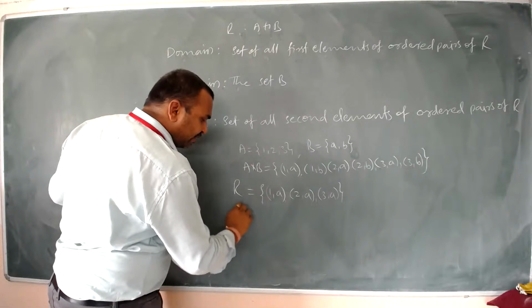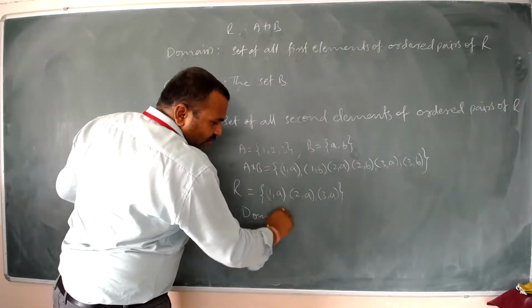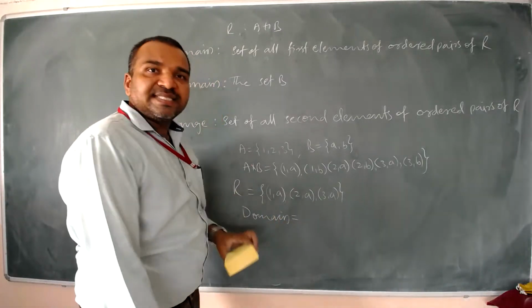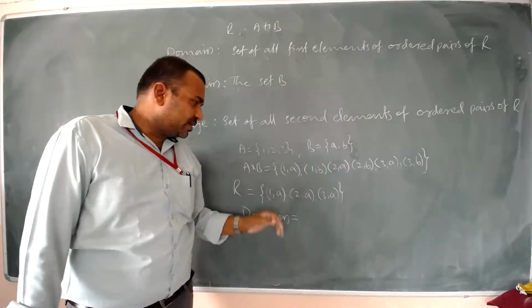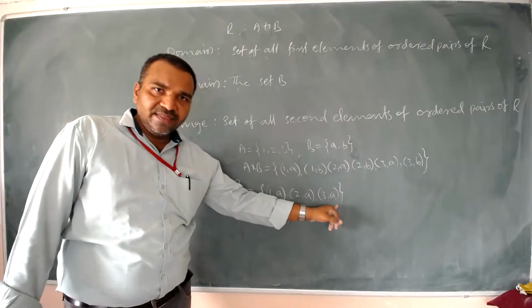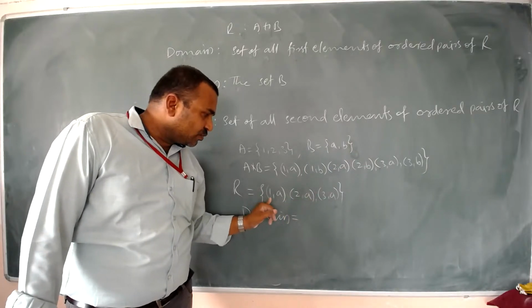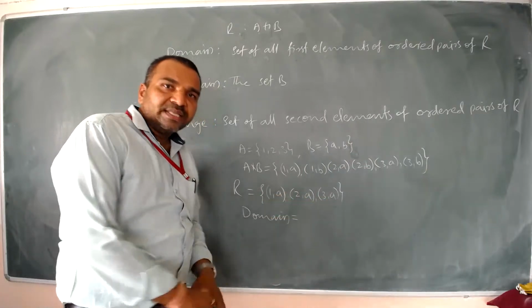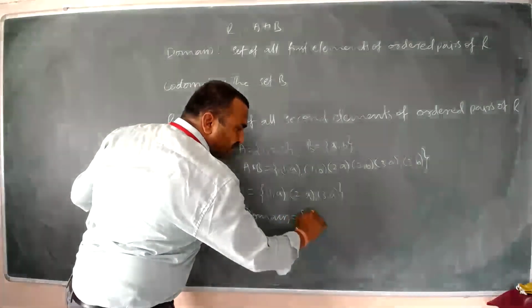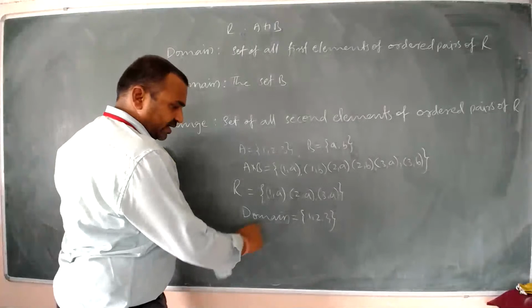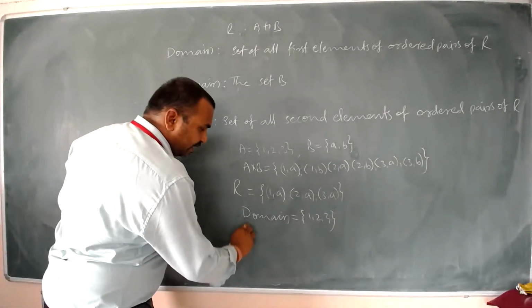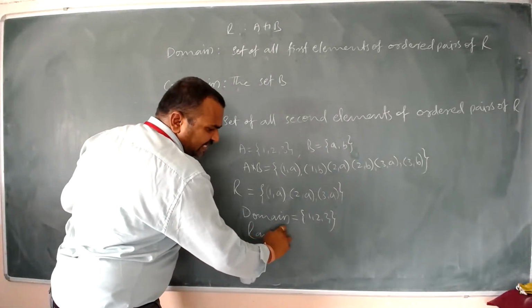In that relation, I will write the domain. What is the definition of domain? The set of all first elements of the ordered pairs of a relation. In these ordered pairs the first elements are 1, 2, 3. The set of these three elements, {1, 2, 3}, is called the domain. Next, go for range. What is range?